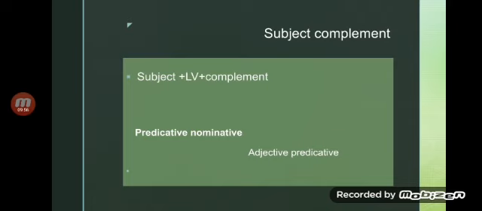The example could be: she was a monster. In the predicative nominative, we have described she as a monster. Ali was a policeman, we have just described. It is being connected with the linking verb.